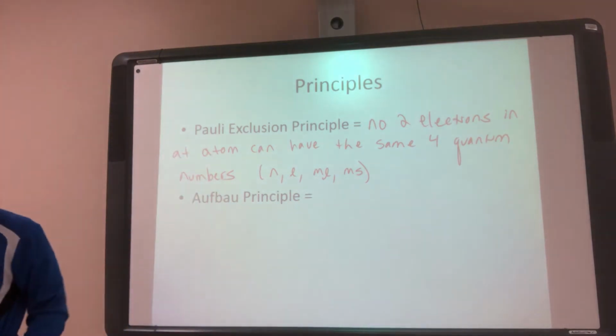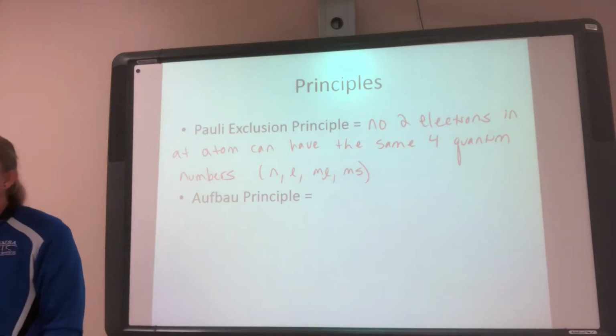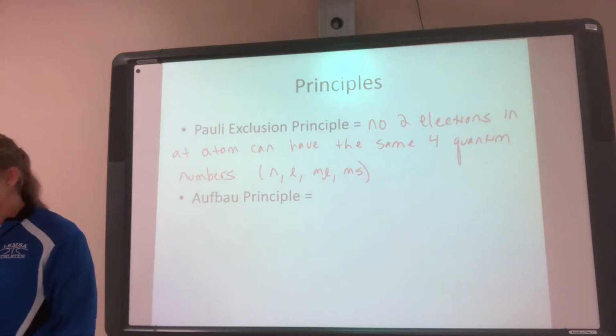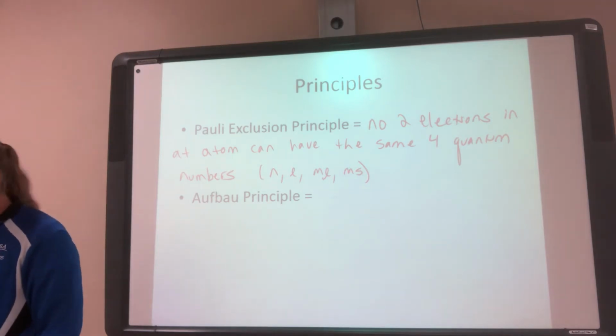All right, our next rule is the Aufbau principle. This is not necessarily a rule as much as a process that we're going to follow when we put our address together.